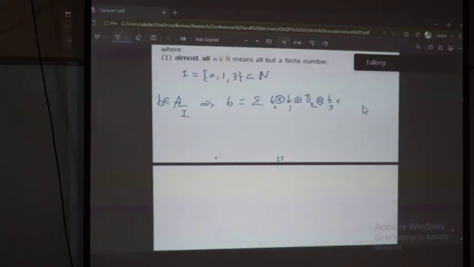The rest will be 1: one in position 4, one in position 5, and so on.